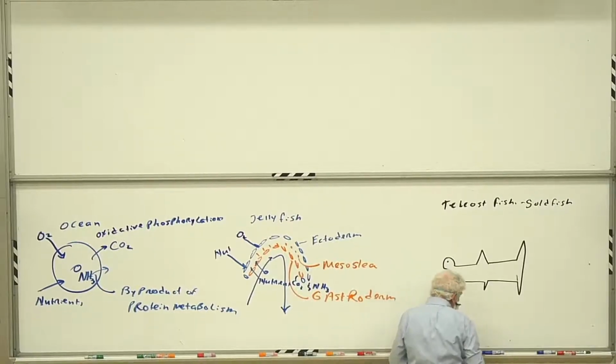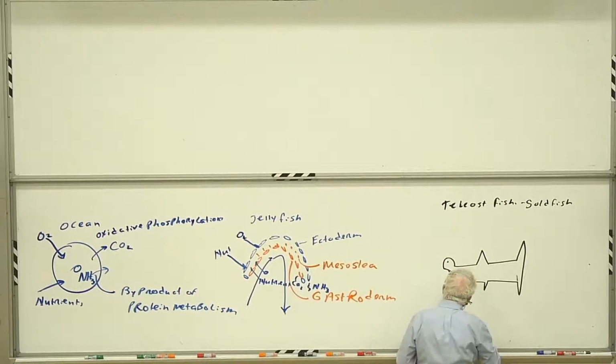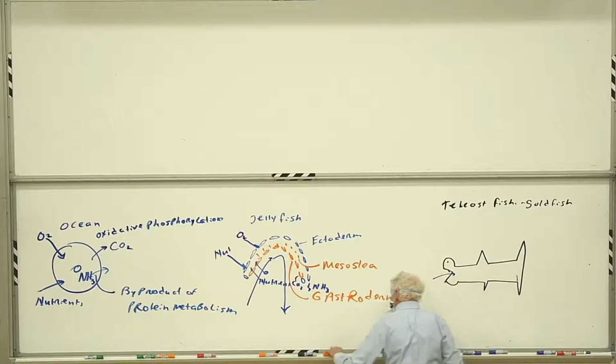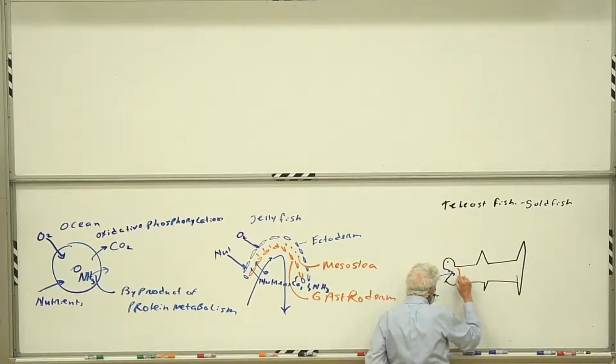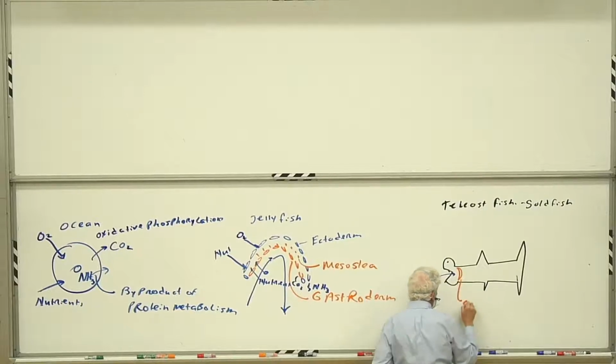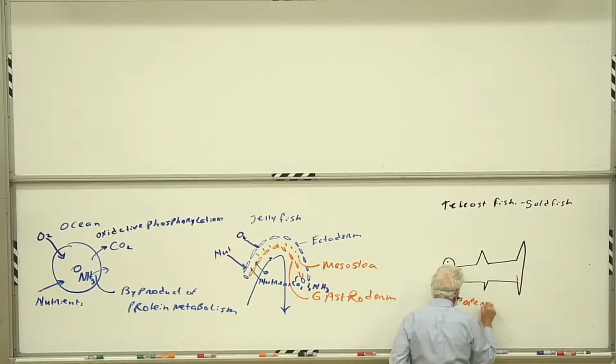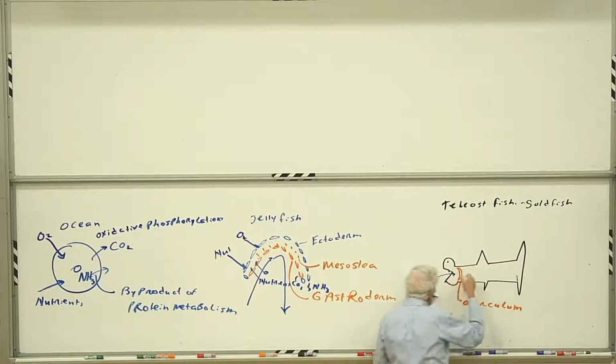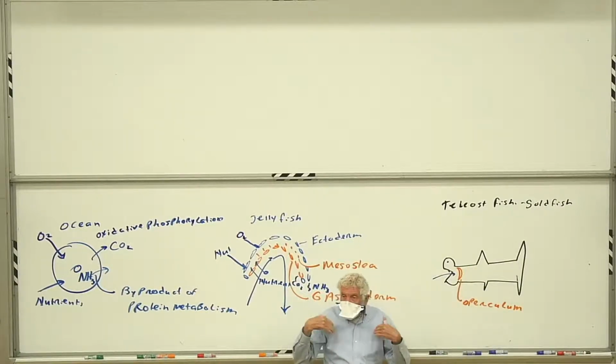And what the fish is doing is it's bringing water in through its mouth. And there's the structure back here. We've all seen it in looking at a fish. We commonly call this the gill, but it's actually the operculum. The operculum is that bony structure which you watch moving in and out.